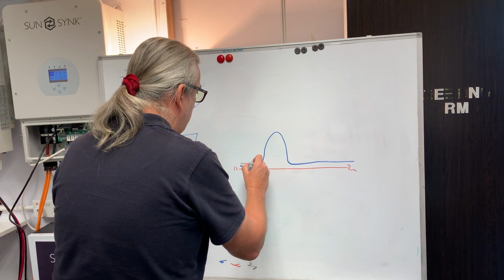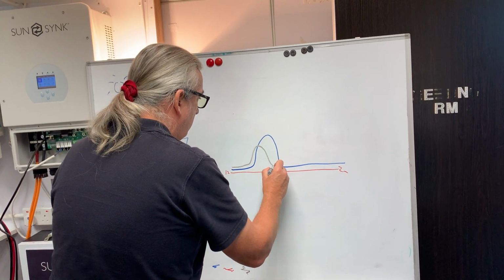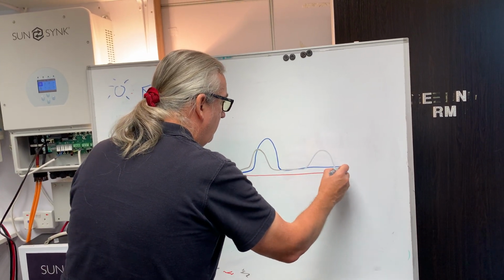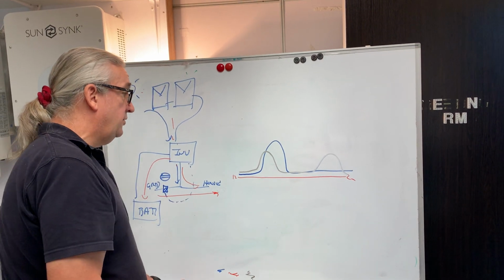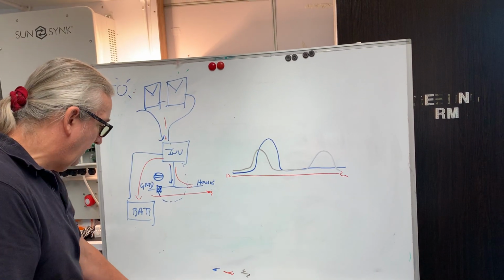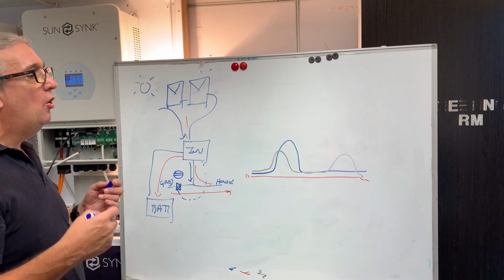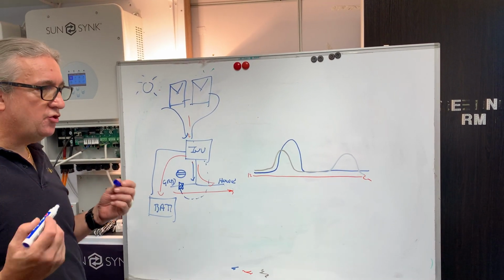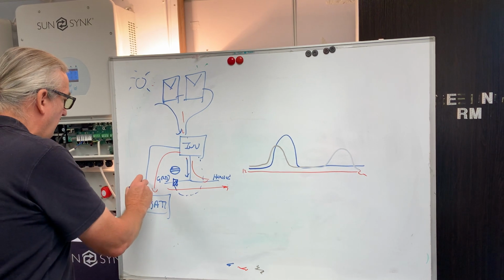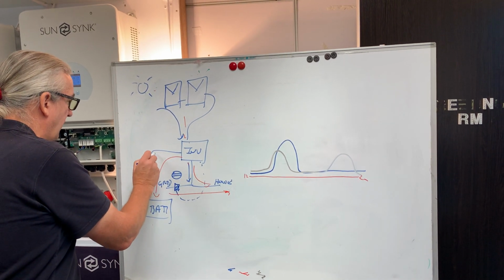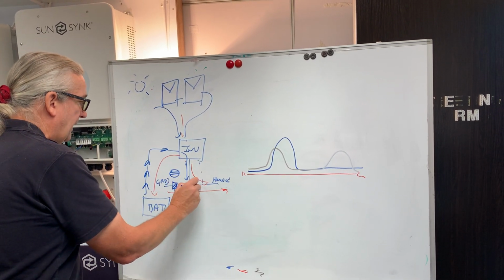So my use production may be this, and this. So what I do then is during the night time or during the hours when there's no sunshine, or if I'm using off-peak electricity, I'll explain that, the power comes from the battery, and the battery starts coming here into the inverter and back out to the grid.